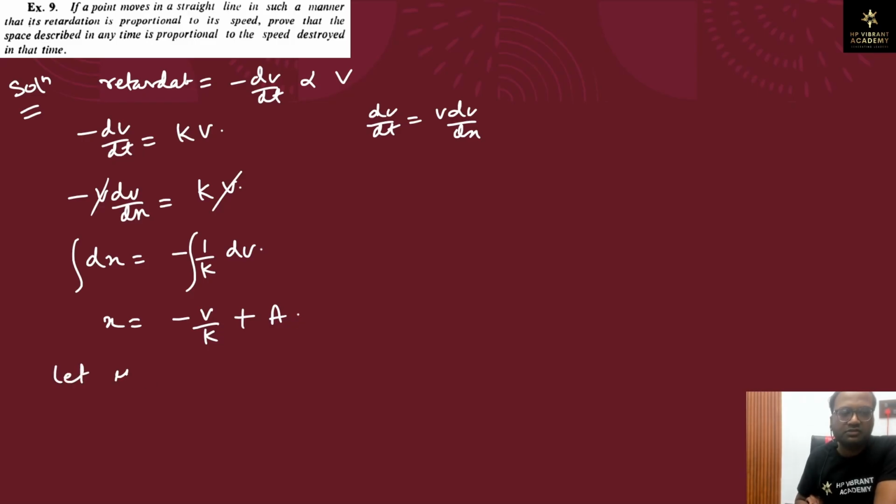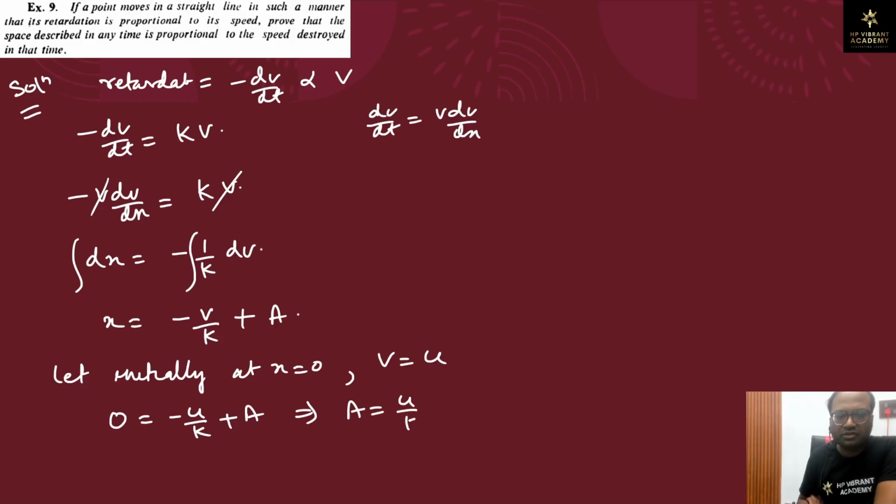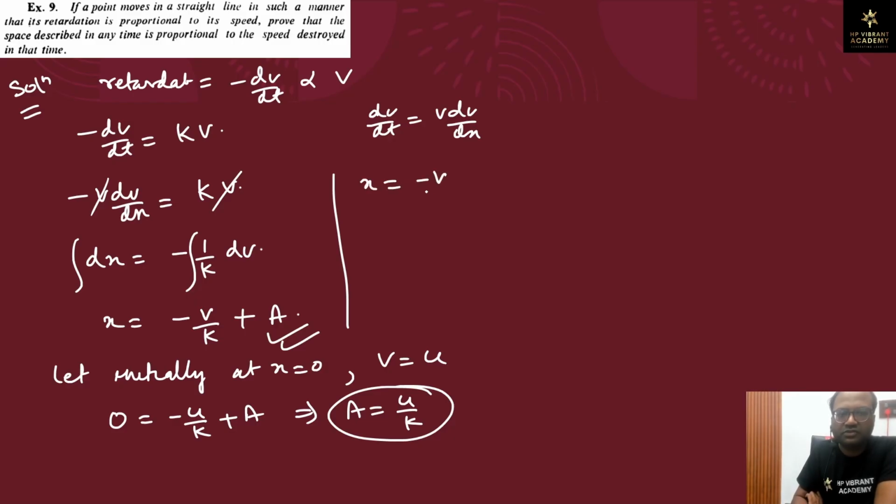Let initially, at x is equal to 0, the initial velocity be u. So we have 0 is equal to minus u upon k plus a. Therefore a is equal to u upon k. Let us put a is equal to u upon k in this expression. So we have x is equal to minus v upon k plus u upon k. This is (u minus v) upon k.